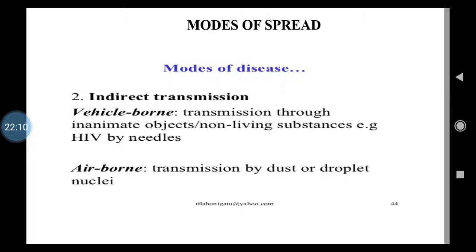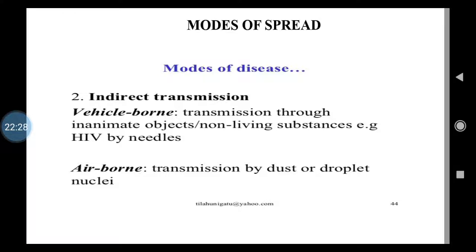If milk is contaminated, if milk is not properly boiled, milk is a good culture medium for bacteria, and it easily gets infected.